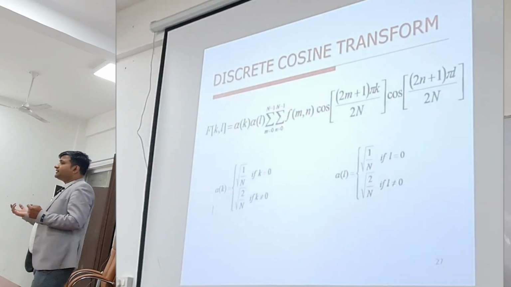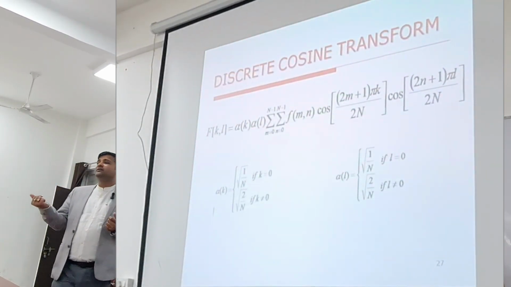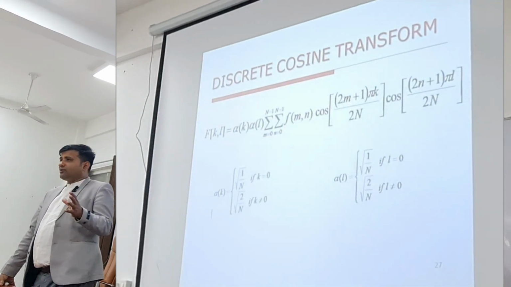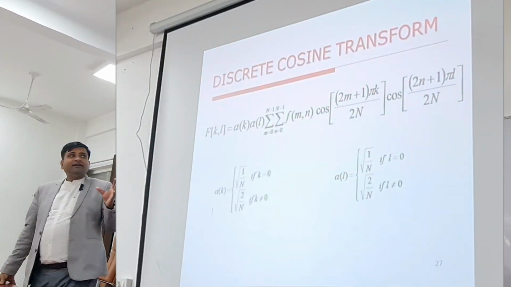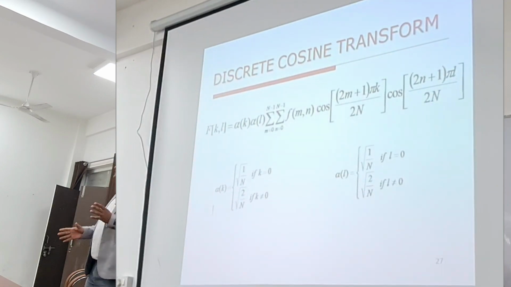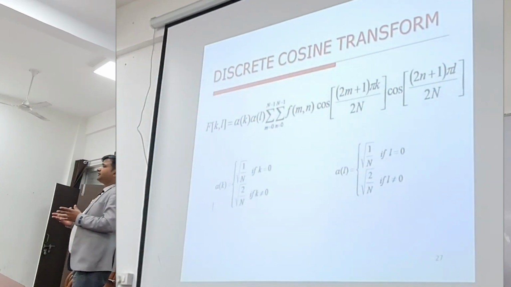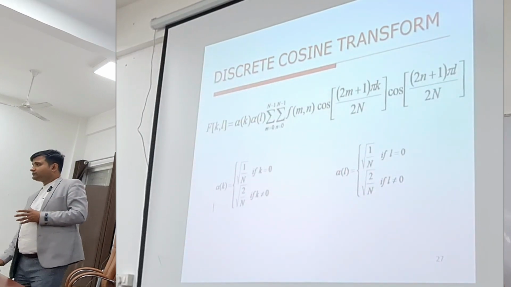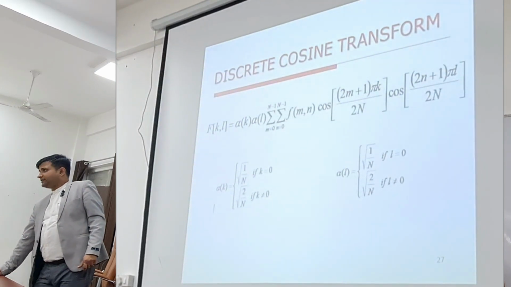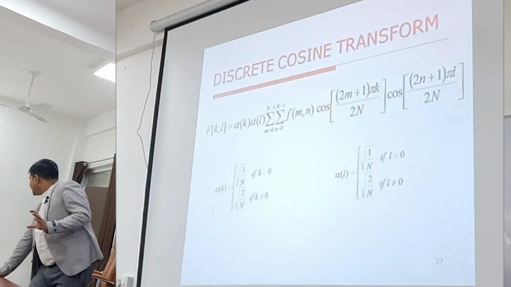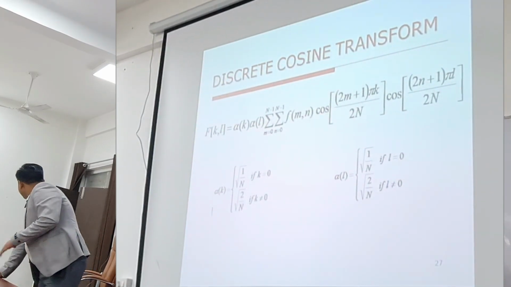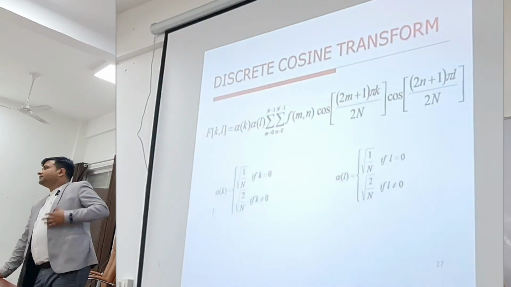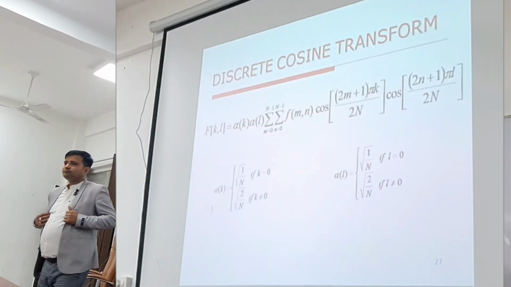JPG 2000 and other compression format standards use the wavelet transform for compression. But essentially, DCT is more popular. That's why it is preferable instead of DFT. The DFT is easy but not. OK. That's all.